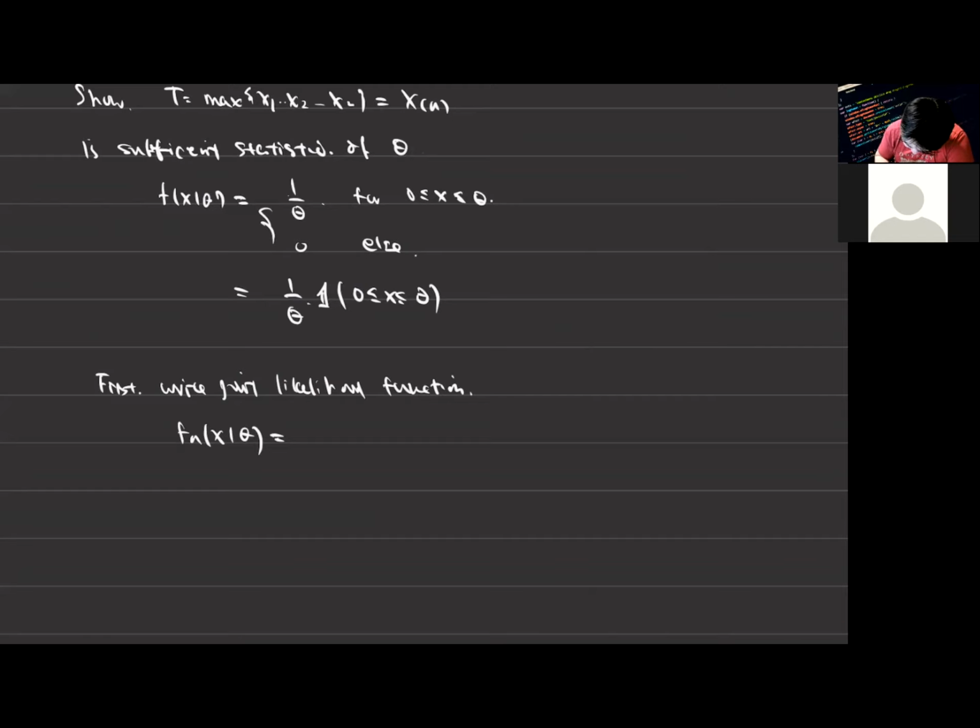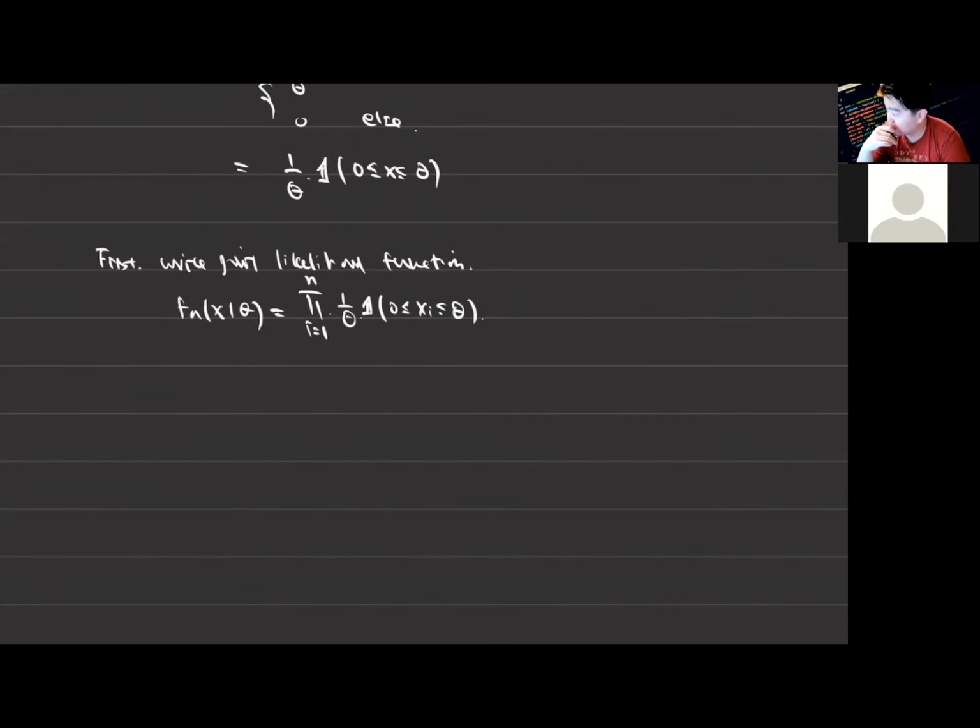This is a product, capital pi, with i as the running index from 1 to n, of the PDF. And don't forget that you have this guy here, that's your range. If one of the x falls out of the range, the entire function goes to 0. That's what it means.